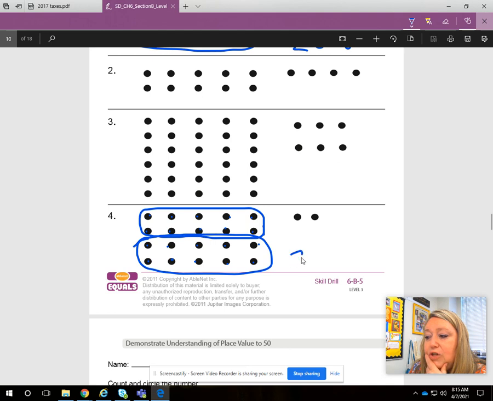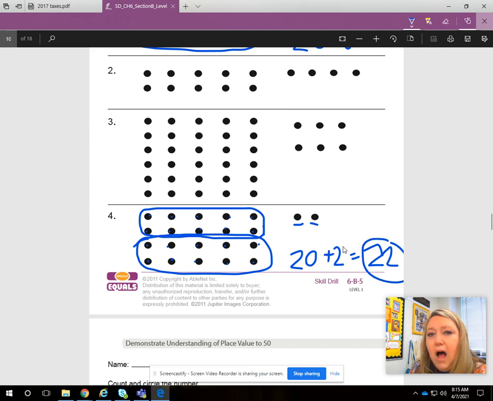So we have 2 sets of 10, which gives us 2 with a 0, plus how many ones do we have? 1, 2, just 2. So we have 20 plus 2 equals 22. Okay, so if we counted by tens, 10, 20, and then by ones, 21, 22. So 22 is our total.